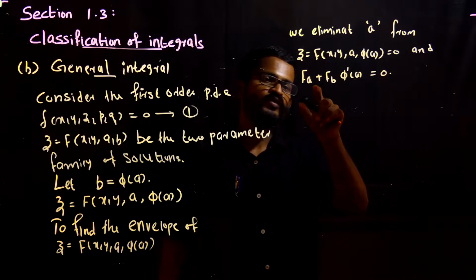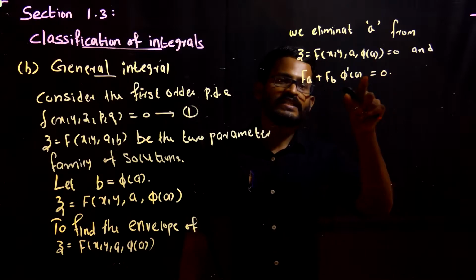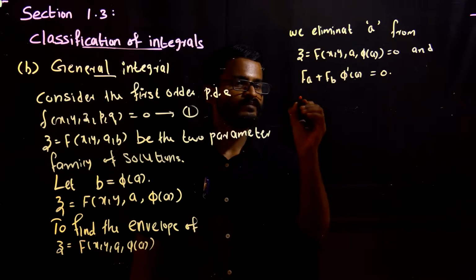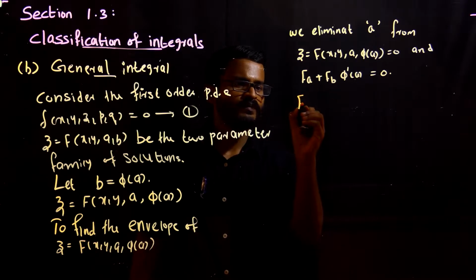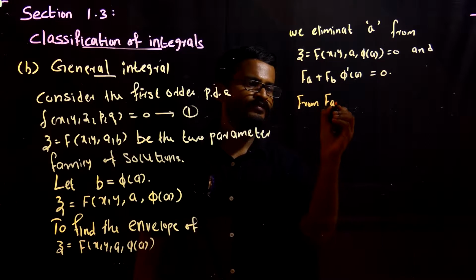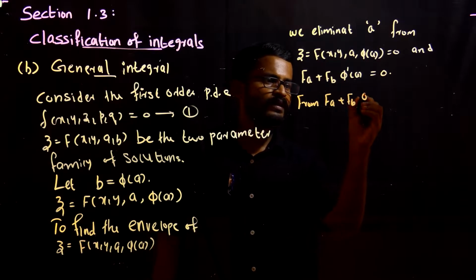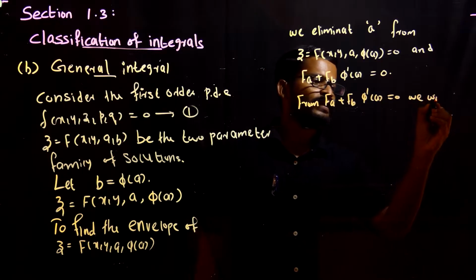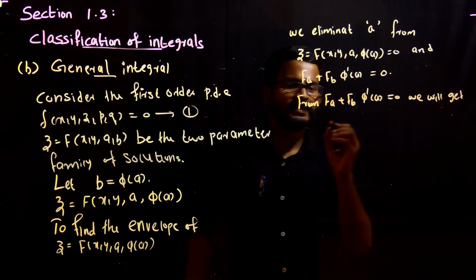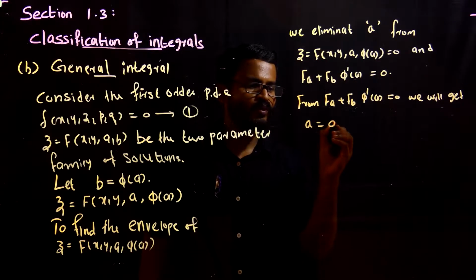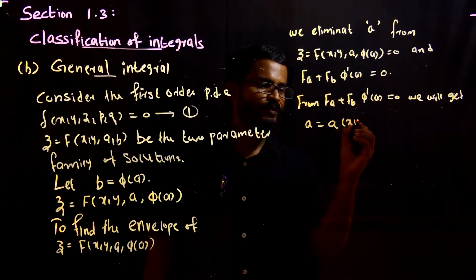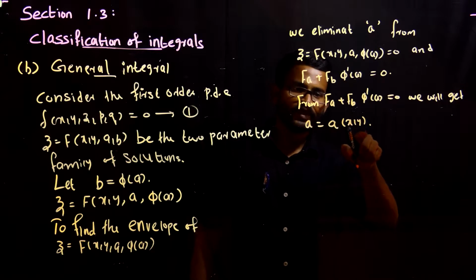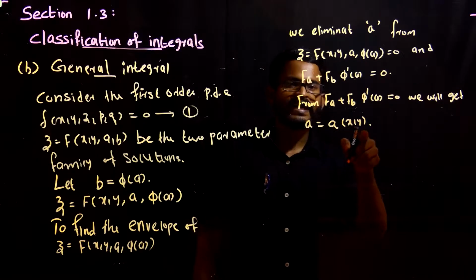By solving fa plus fb phi dash of a equal to 0, we will get a equal to a of x comma y. That is, a is a function in terms of x and y.